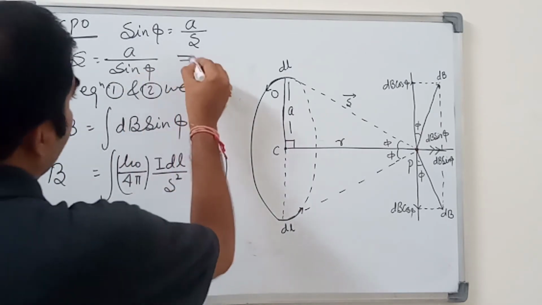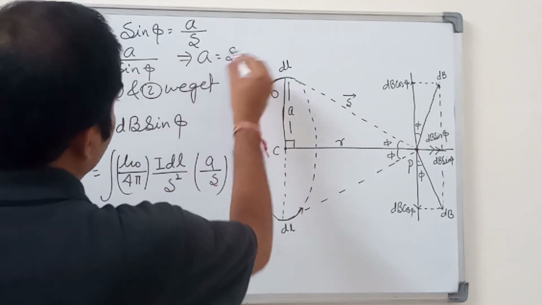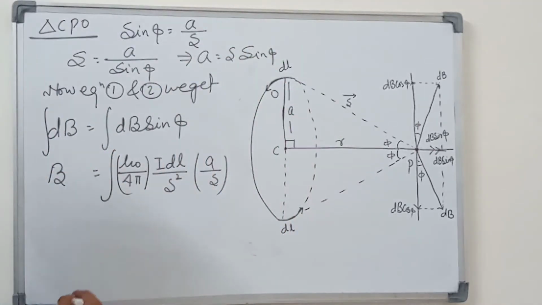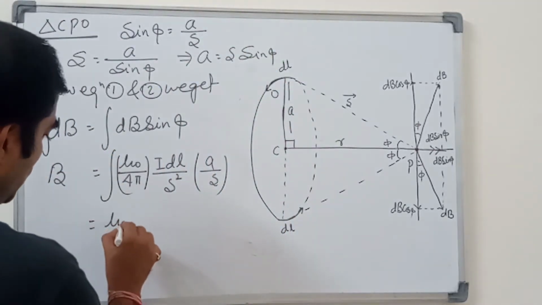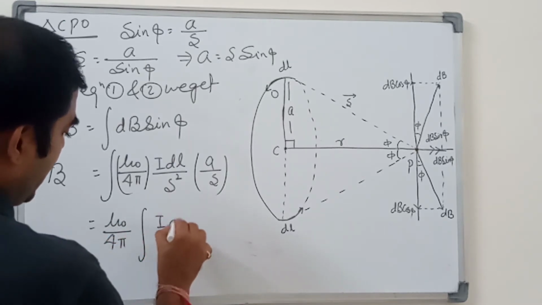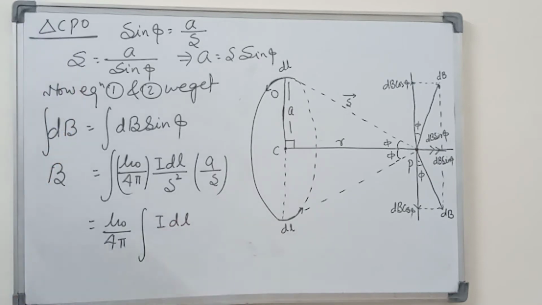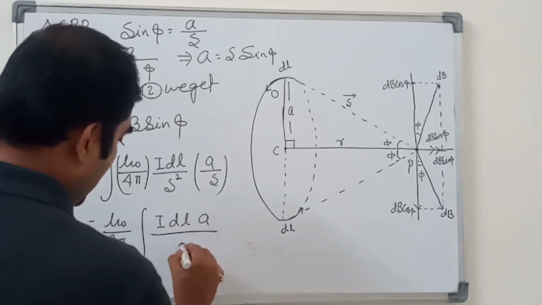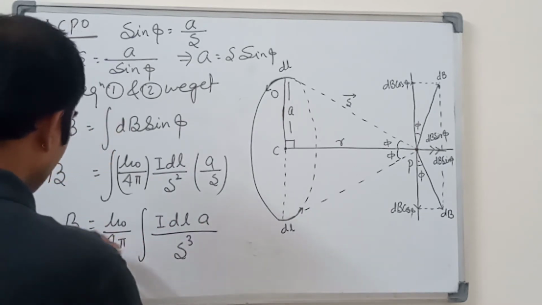Now mu 0 upon 4 pi is a constant, so I dl a upon s cube. Write down these values.